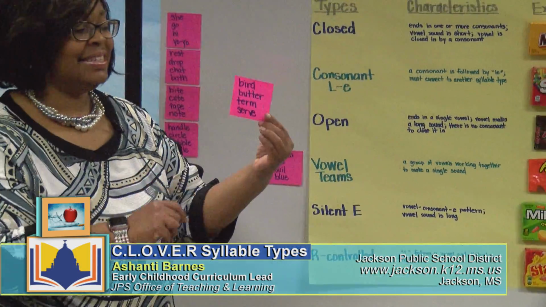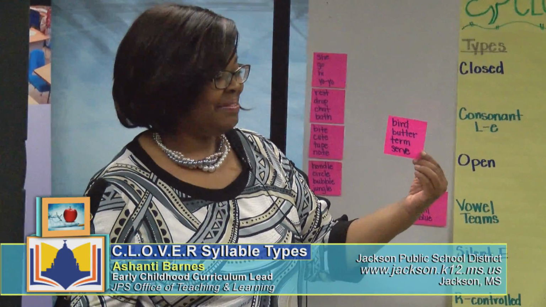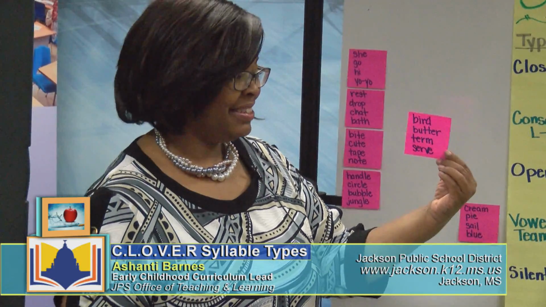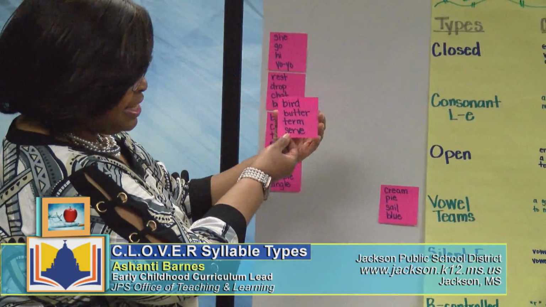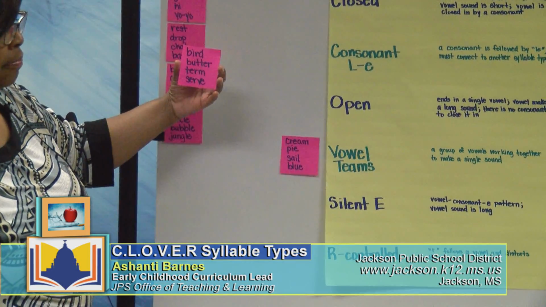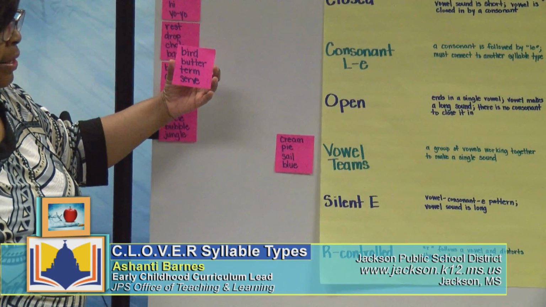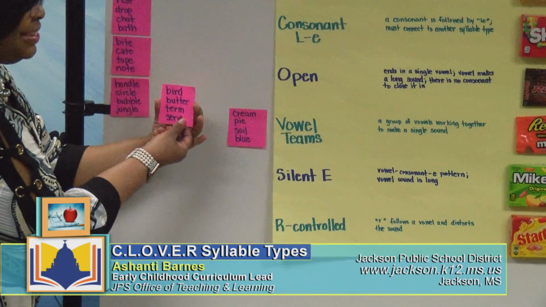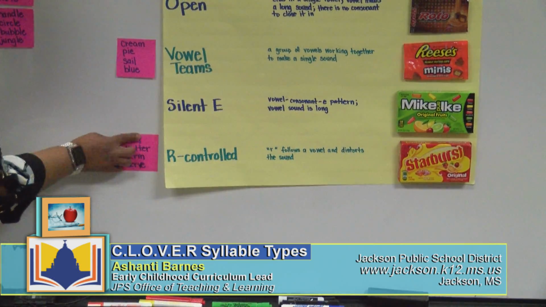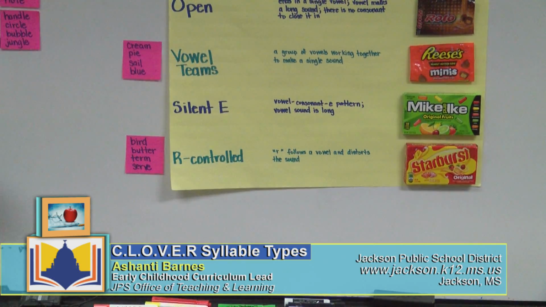Our next list, bird, butter, term, and serve. Where is it a best fit? Is it closed? Is it silent E? Ah, R-controlled. These are R-controlled syllables. You guys are great.